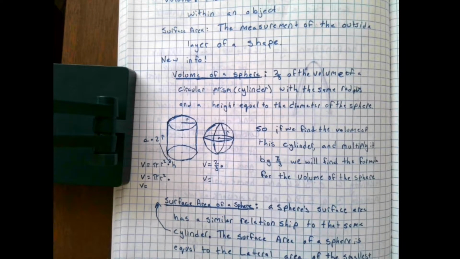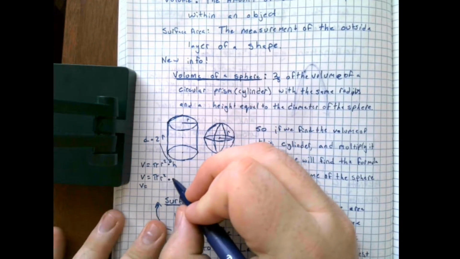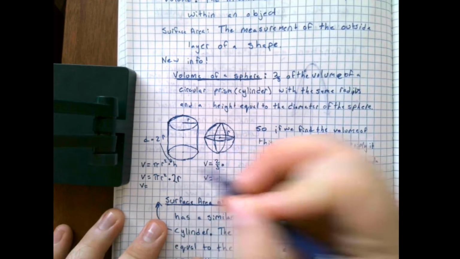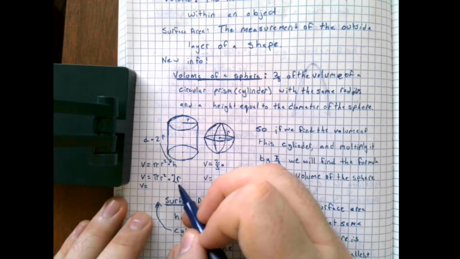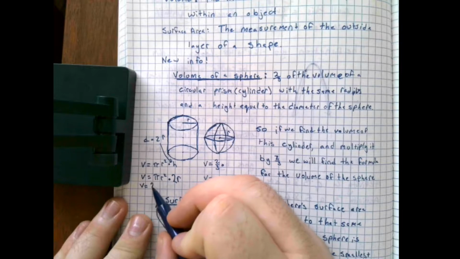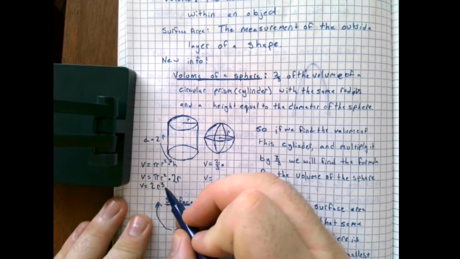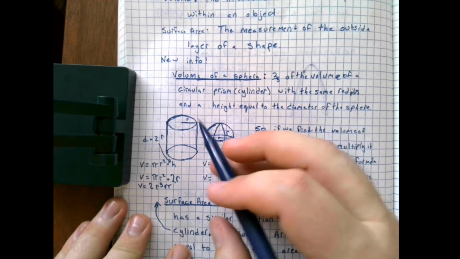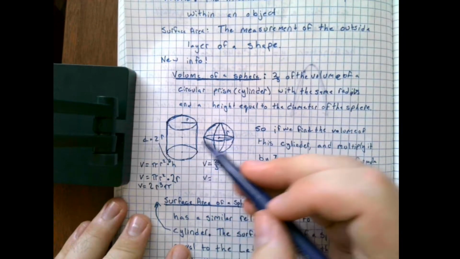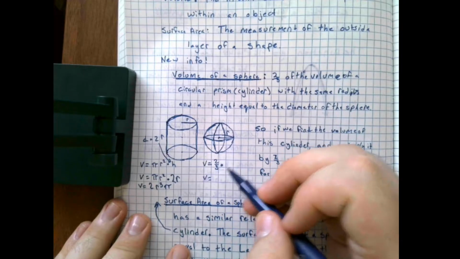So if we say that the height is the diameter, or 2 radius, then pi times radius squared times 2 times radius will give you 2 radius cubed pi. That would be the volume of the cylinder, but remember the sphere is 2/3 of that.